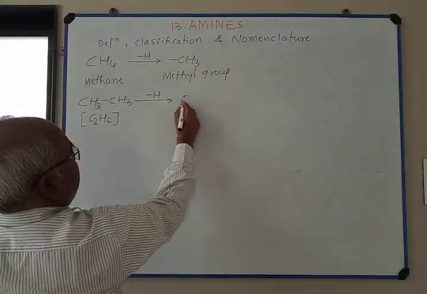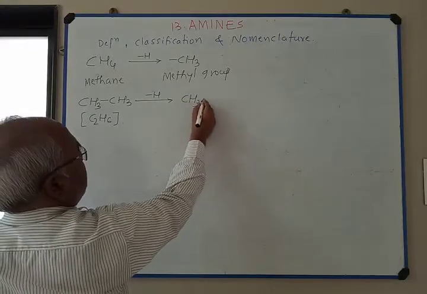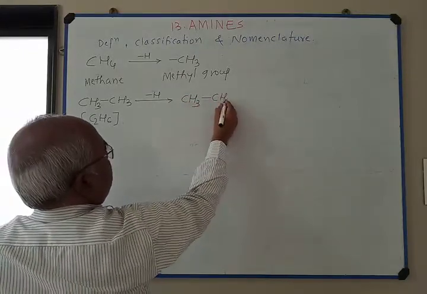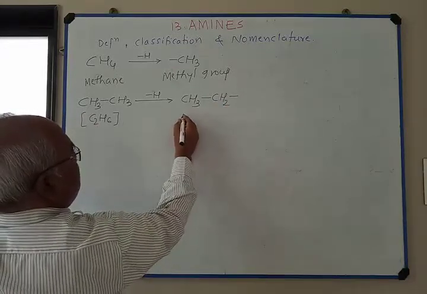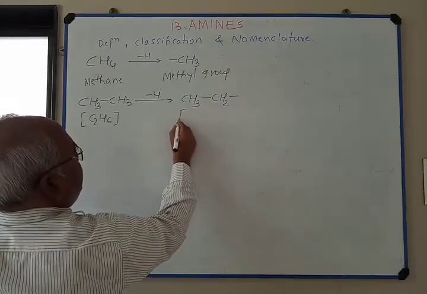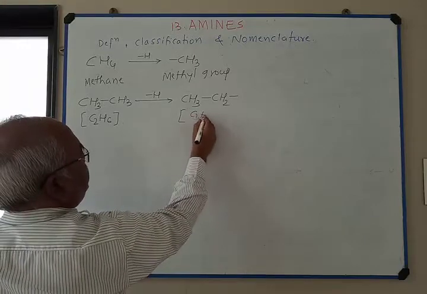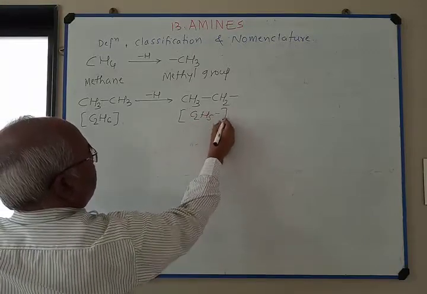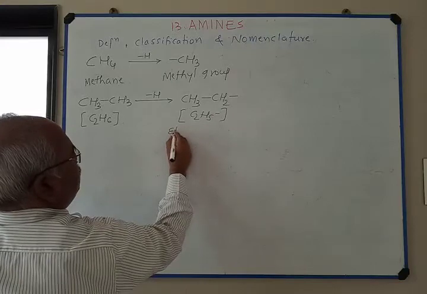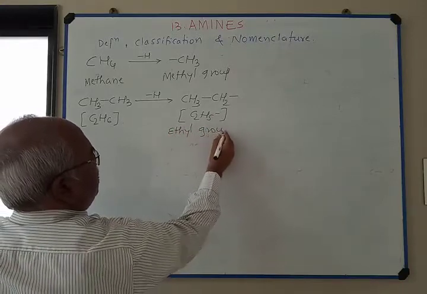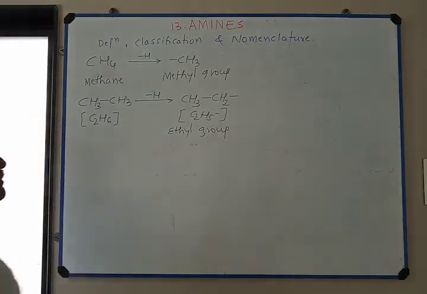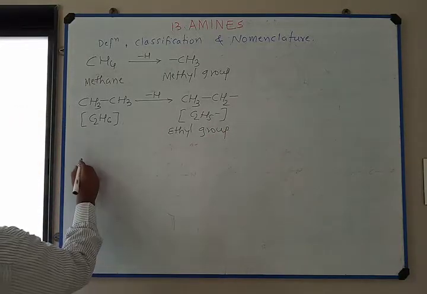We get CH3, CH2, or we can also write C2H5. This group is called ethyl group or ethyl radical.